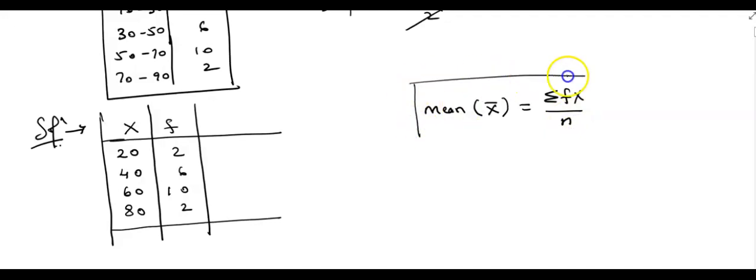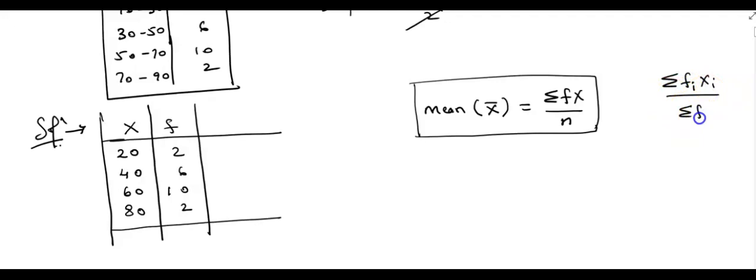This is the formula which we use to find mean. But in your textbook, they may have given it as sigma fi xi by sigma fi. If you write like this also, it is well and good. It is nothing but frequency times scores divided by the summation of frequencies. So here I am just taking in short sigma fx by n.